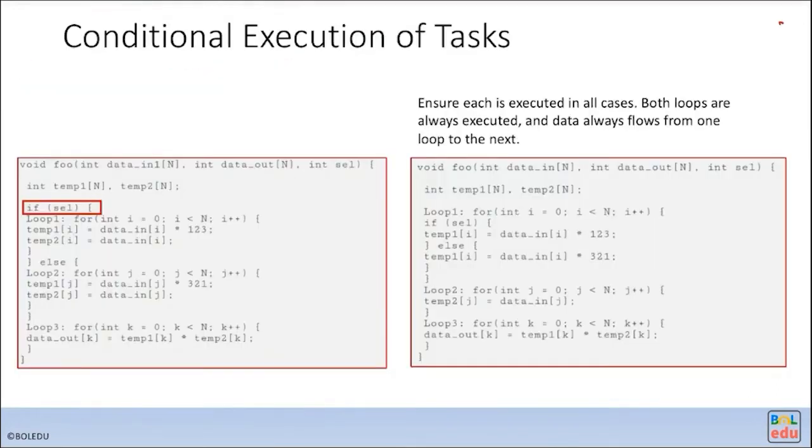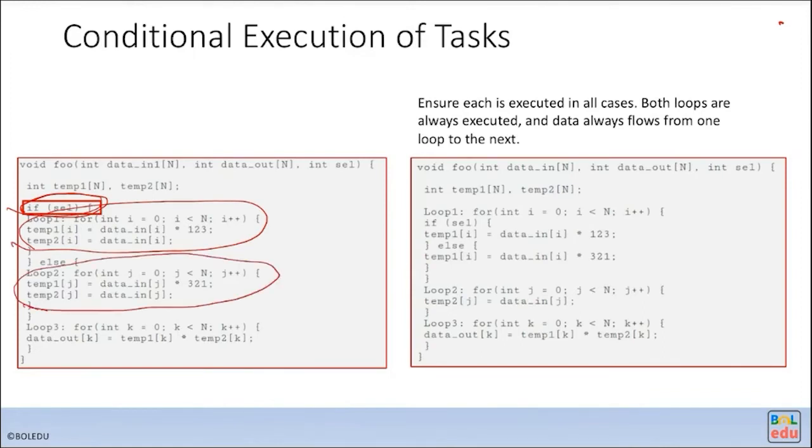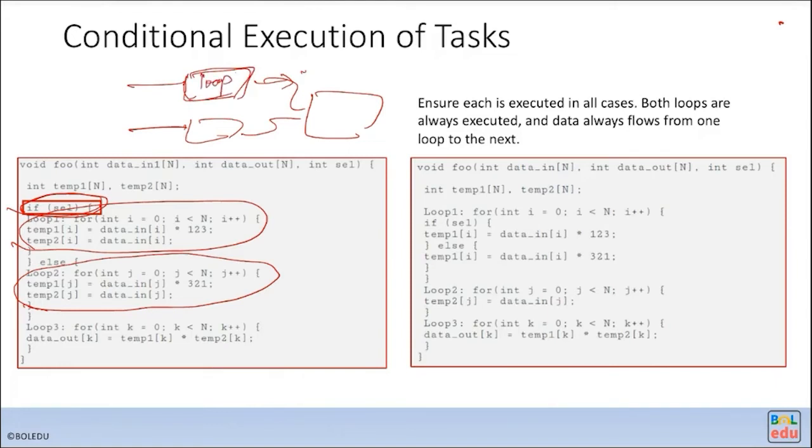And then the other one is conditional execution of the task. Here, an if statement decides whether you execute this loop or the other loop. That means you have two data flows, for example, and loop 1 and loop 2 may or may not execute.